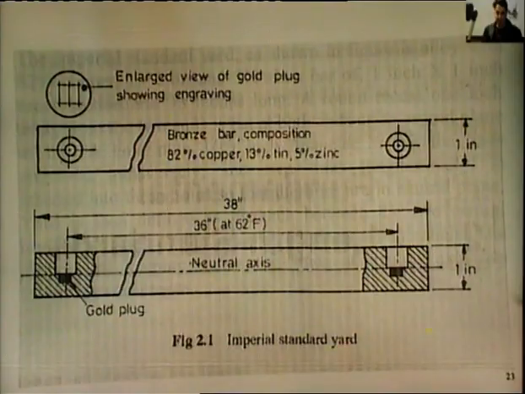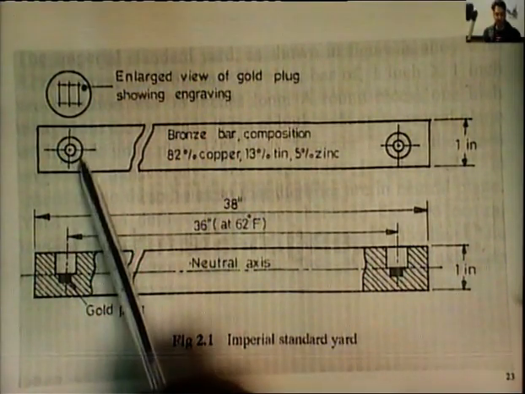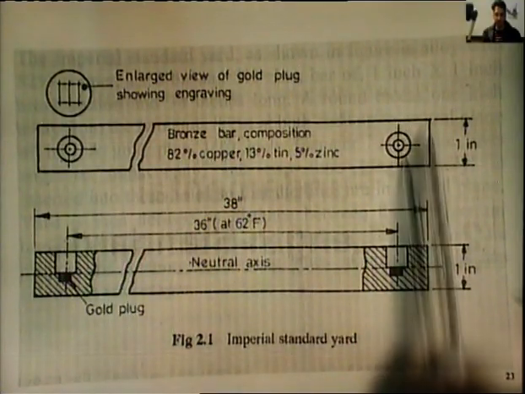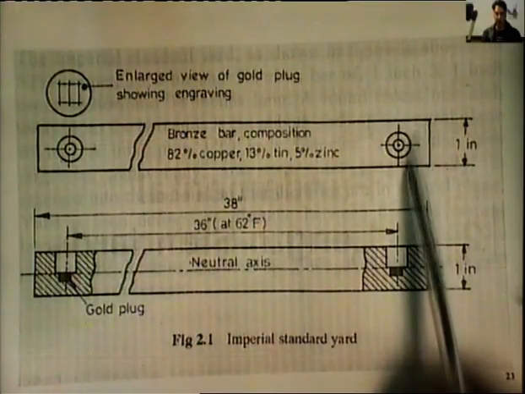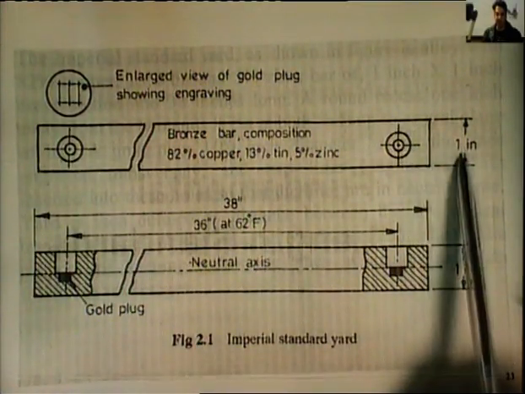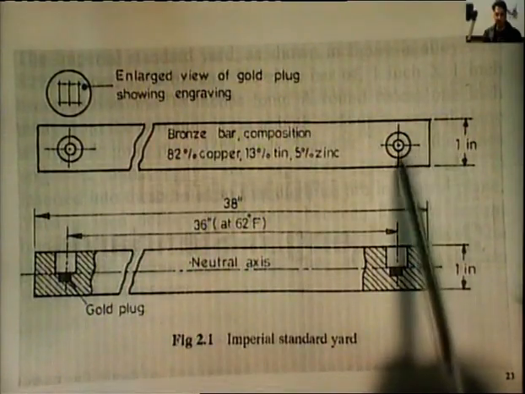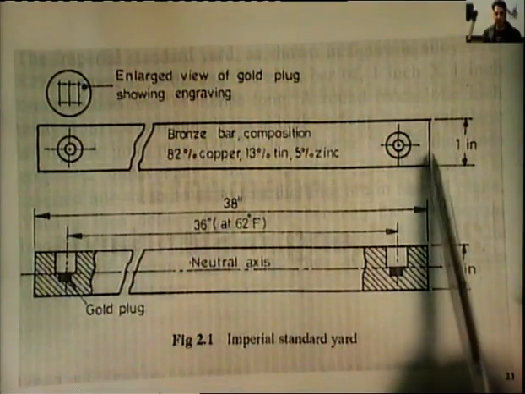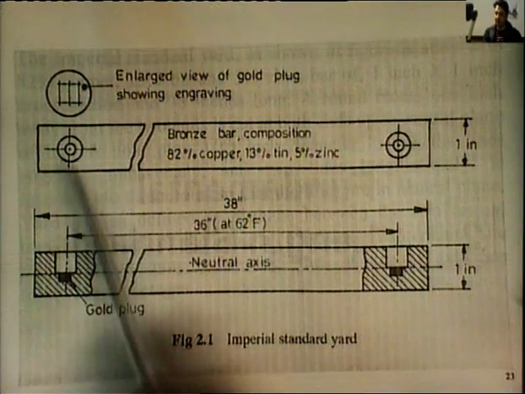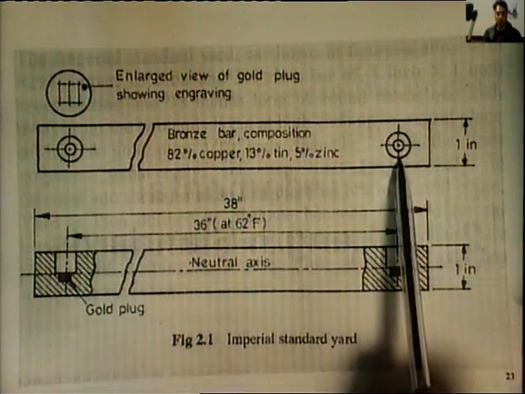And in this imperial standard they had kept two hole recesses, on the left hand side and the right hand side, and we can understand over here that the height of this bar, the imperial standard yard, is about 1 inch, and it had a similar cross section on the other side, that is the actual cross section of this imperial standard yard is 1 inch into 1 inch. And on the left hand side and right hand side we have two small holes.